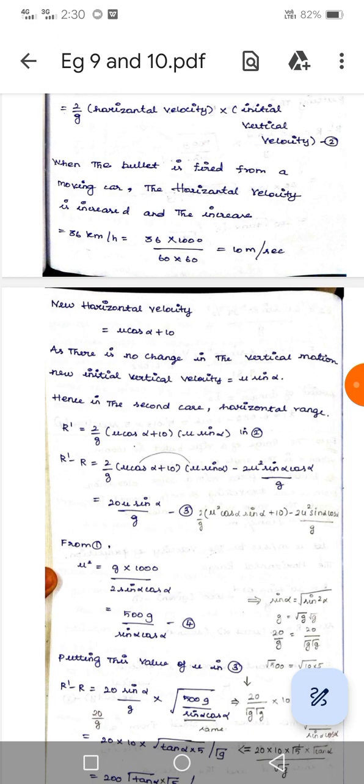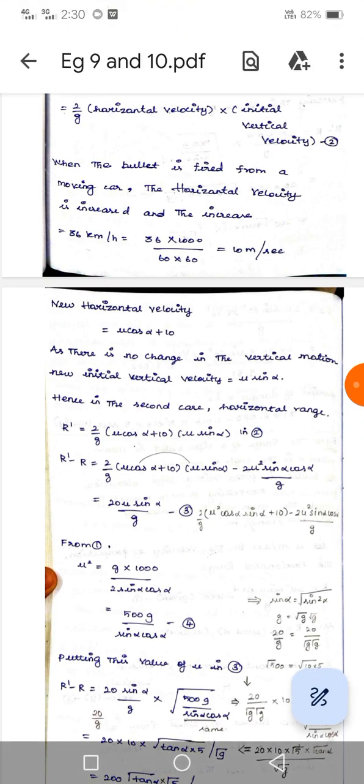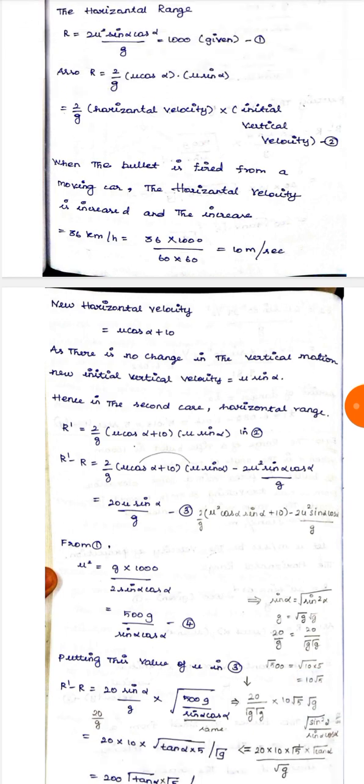Multiplying the first two terms, we get 2u squared cos alpha sin alpha by g plus 2 into 10, that is 20u sin alpha by g, minus 2u squared sin alpha cos alpha by g. The first and last terms cancel, so R dash minus R equals 20u sin alpha by g. We keep this as equation 3.